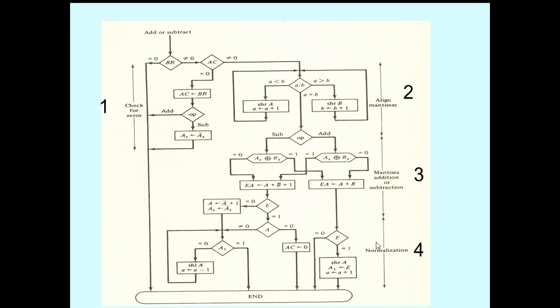The fourth step is normalization. Once you get the result, it should be in normalized form. If E is 0, there is nothing we can do. If it is 1, we have to shift right the mantissa of A, and E value is moved to A1, and by the shift right operation, the exponent of A is increased by 1.